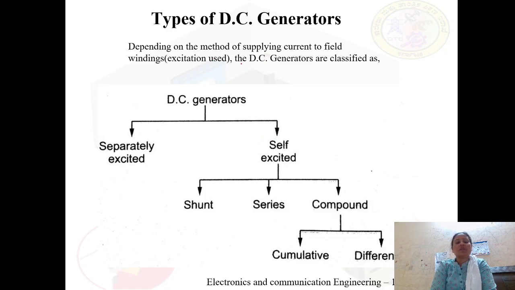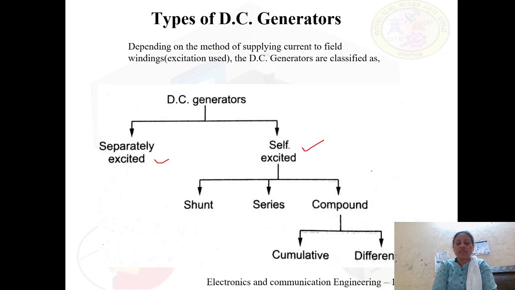Depending upon the method of supplying the current to the field winding, we call it the excitation process, and depending on the method of excitation process, DC generators can be classified into separately excited and self-excited DC generator.